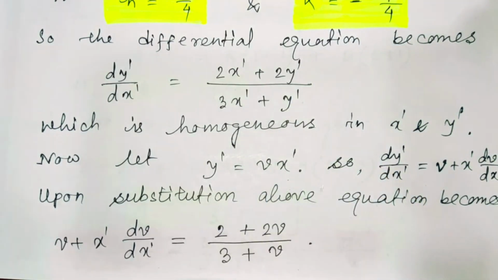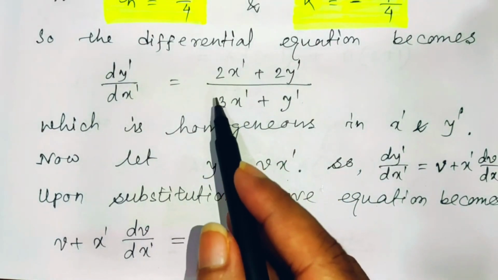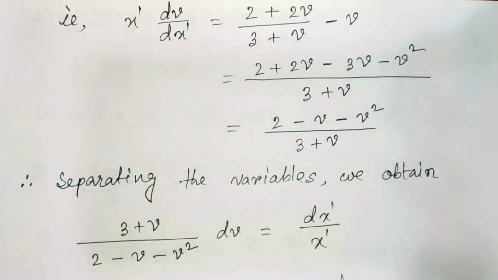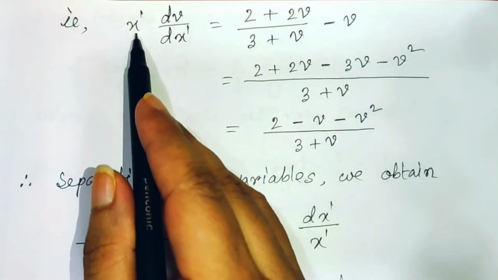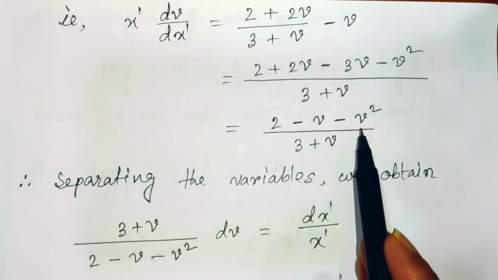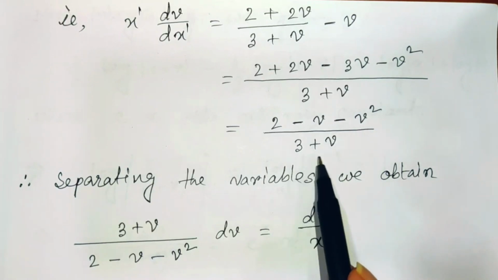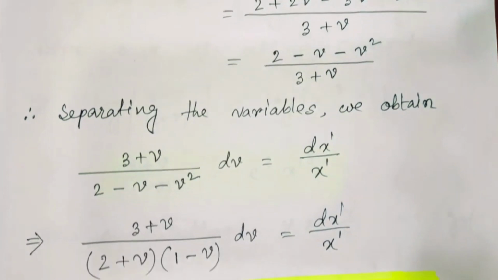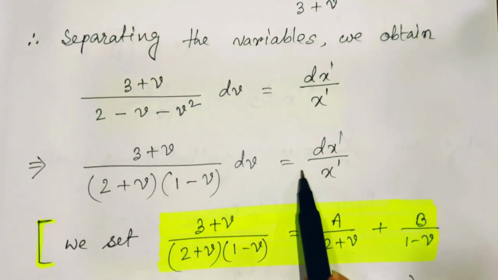If we substitute and take x dash common, then x dash cancels from denominator and numerator, and at the end we find this. So hence if we now simplify, we find x dash dv by dx dash equals (2 minus v square) divided by (3 plus v). So we can separate the variables now. By this separation of variables we find this.